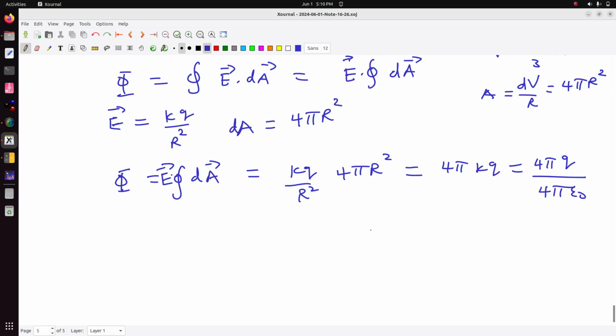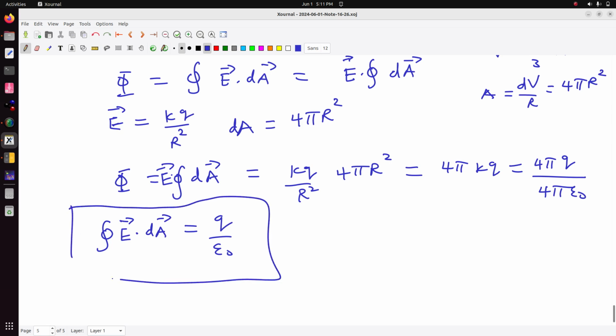We replace K with 1 over 4 pi epsilon naught here, so 4 pi cancels 4 pi, and we are left with Q over epsilon naught. Therefore, the integral over the closed surface of E dot dA is Q over epsilon naught. This is Gauss's law, so we have proved Gauss's law.